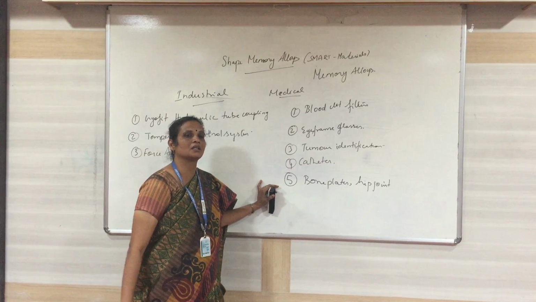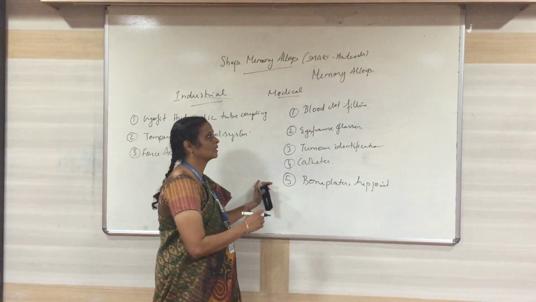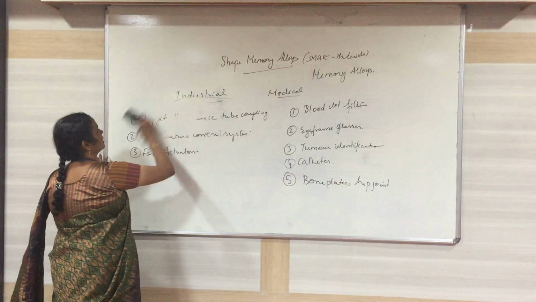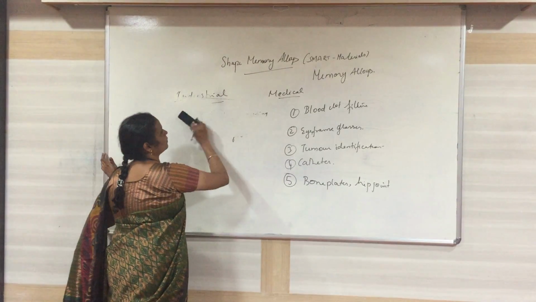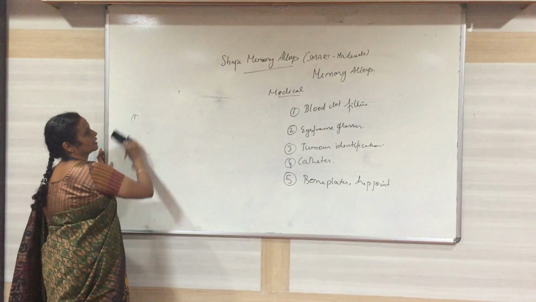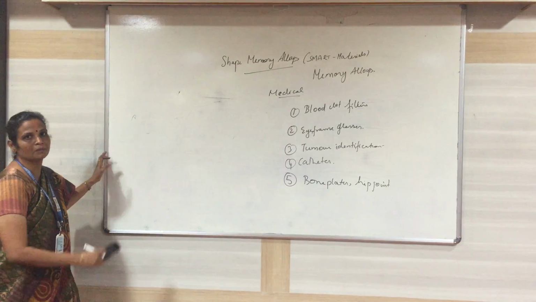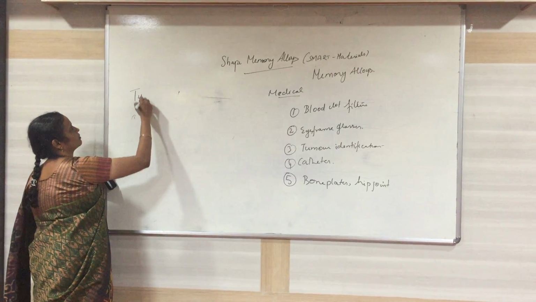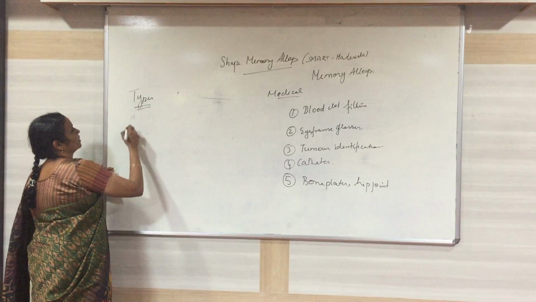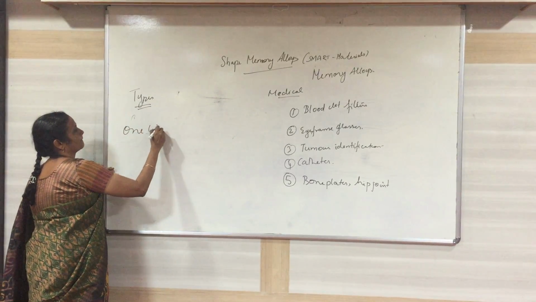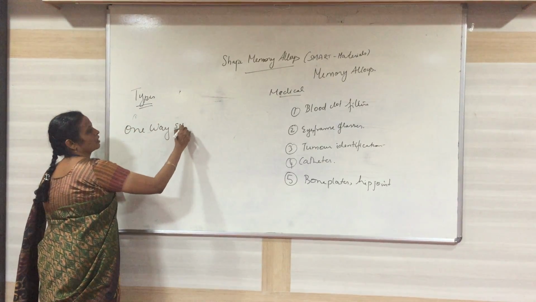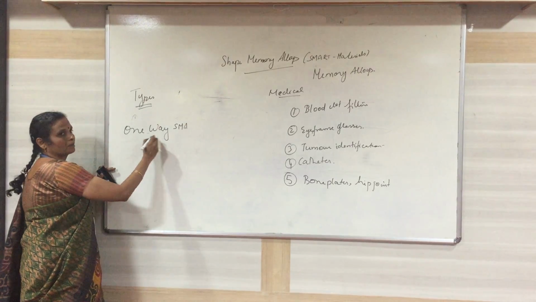So wide range of applications our shape memory alloys have got. Next we have to see how they are classified. There are two types of shape memory alloys: one named one-way shape memory alloy and the other named two-way shape memory alloy. In short, we write it as SMA, shape memory alloy.